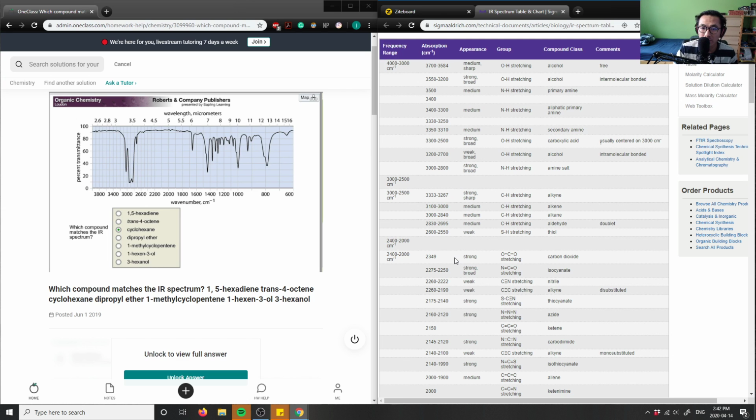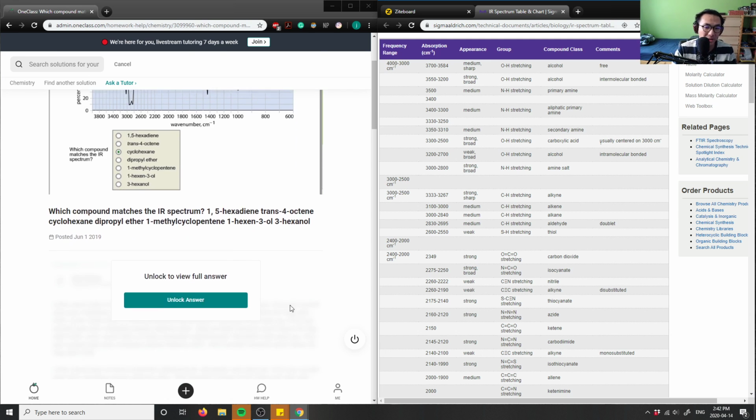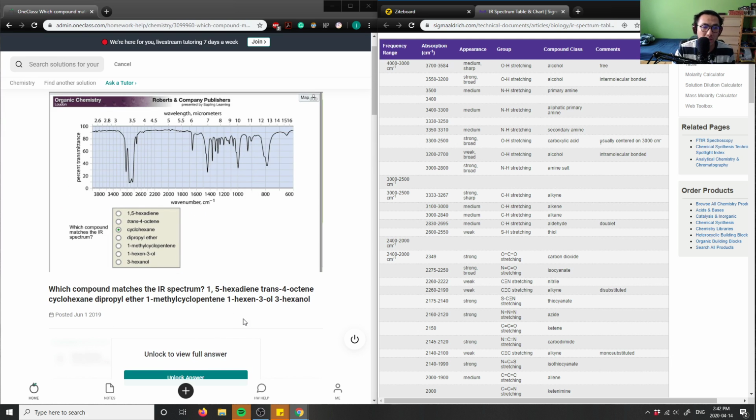This is the alkane stretch, and 3000 to 3100 would be this little dip here, right? So it would have something in terms of alkane and also an alkene. So it'd probably be a trans-4-octene group. That's probably my answer here. Again, I can't verify this answer, unfortunately, so we have to take my word for it, I guess.